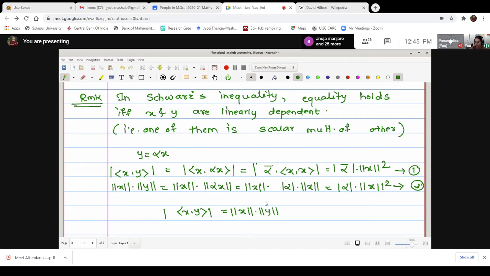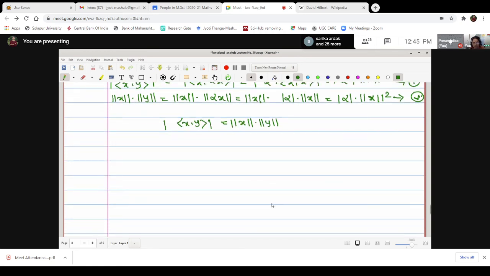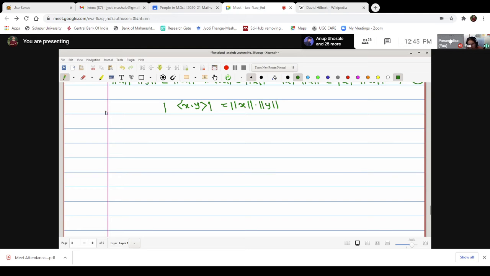Now we will go for the next theorem, in which we are going to prove that the square root of the inner product will act as a norm on the given vector space. No doubt, by using the Schwarz inequality.